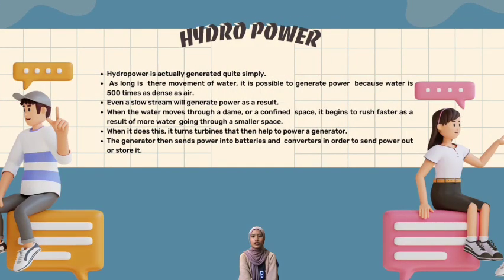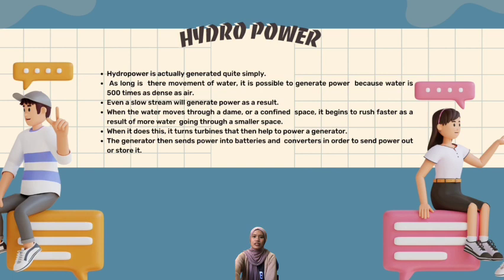Hydropower is actually generated quite simply. As long as the water is moving, it is possible to generate power, because water is 500 times as dense as air. Even a slow stream will generate power as a result. When the water moves through a dam or a confined space, it begins to rush faster as a result of more water going through a smaller space.